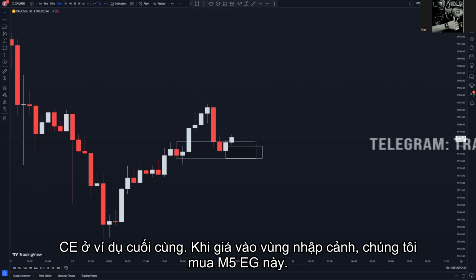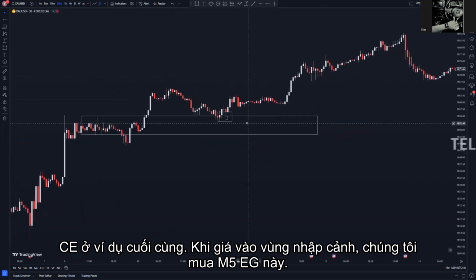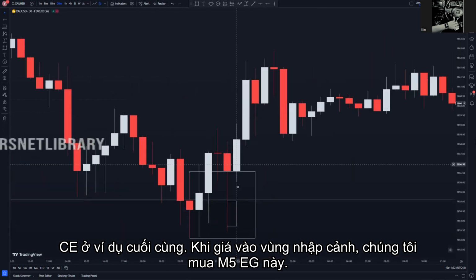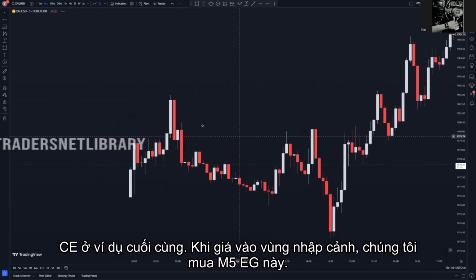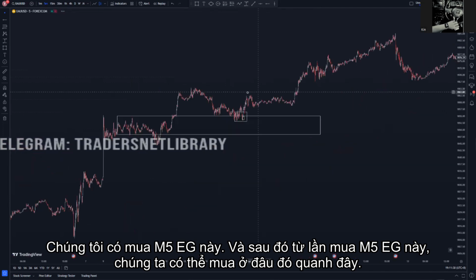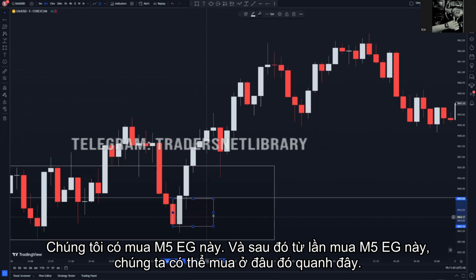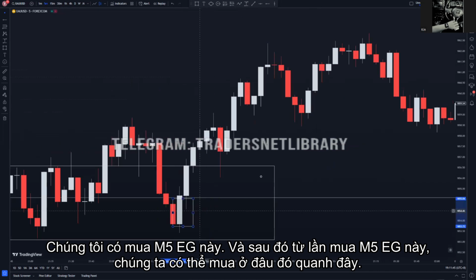Please repeat the CE at the last example. When the price gets into the M30 zones, we have this M5 EG buy. And from this M5 EG buy, we can take the buy somewhere around here.